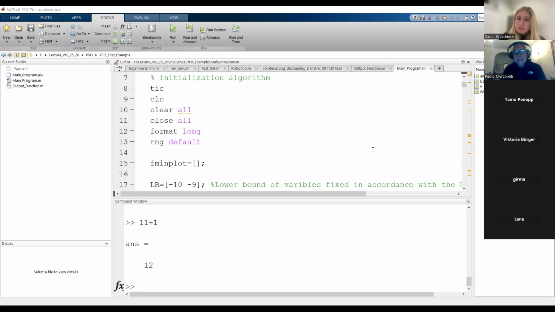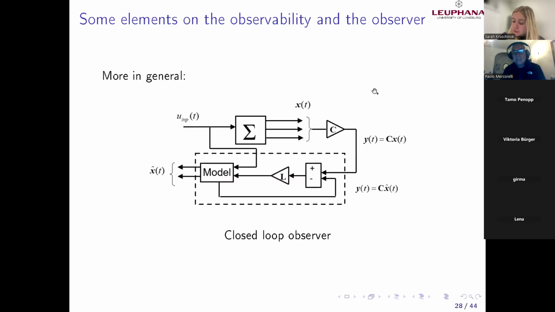Let me open the file again. Please keep in mind, an observer is in a controlled system. Look at the scheme. Controlled means I am measuring something and comparing it with what I am observing. Look at this feedback here. This error represents the effect of the feedback.